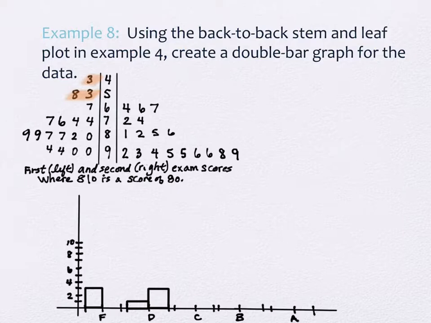How many C's were on the first exam? 4. And on the second exam? 2. So a bar of height 4, touching a bar of height 2. How about on the B's?